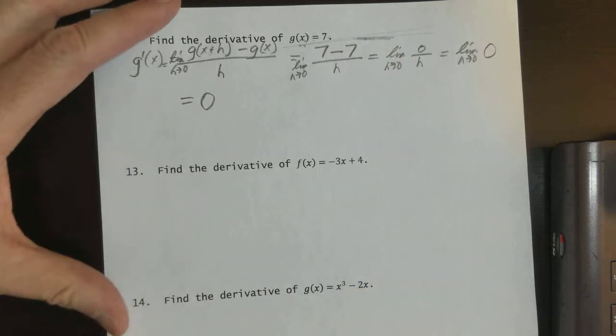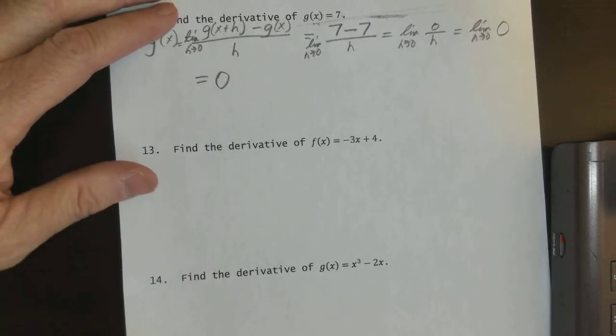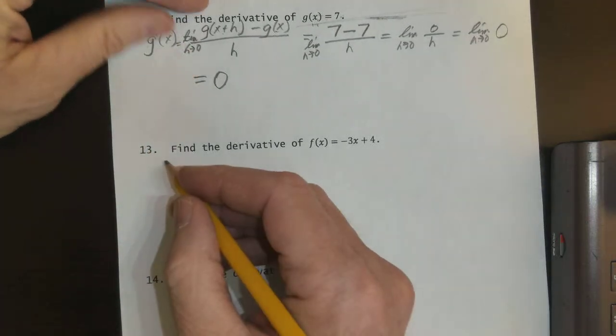All right, let's find the derivative of f of x equals negative 3x plus 4.